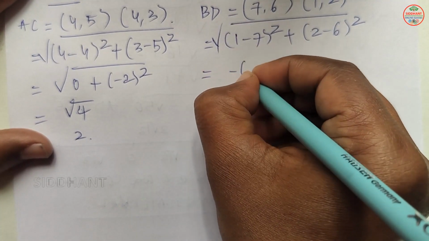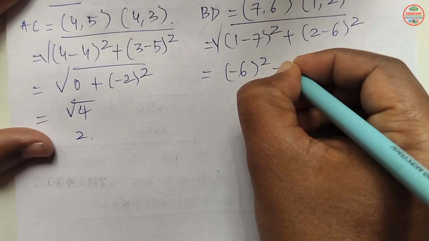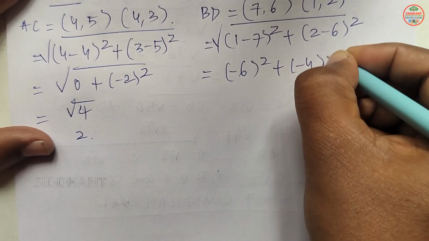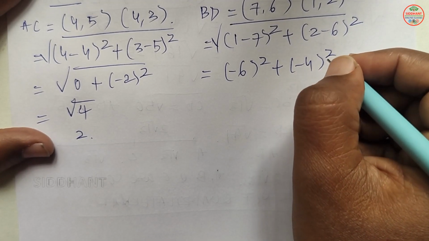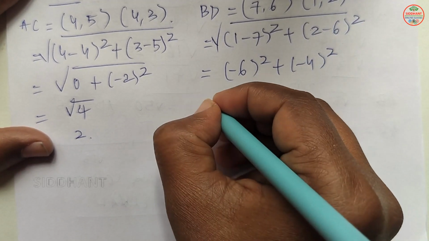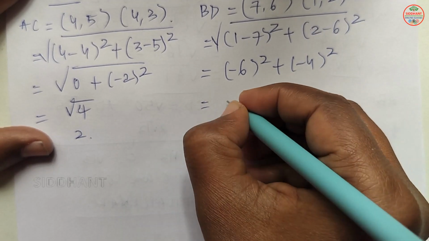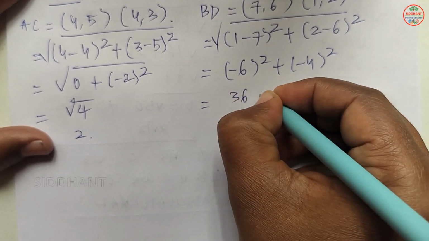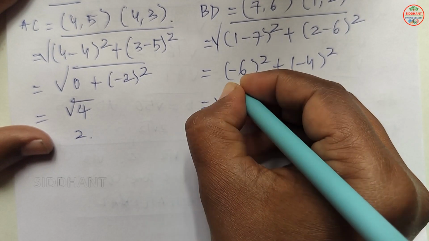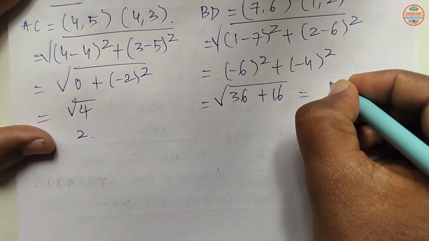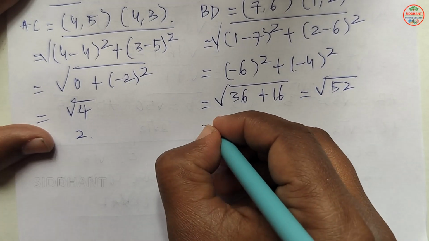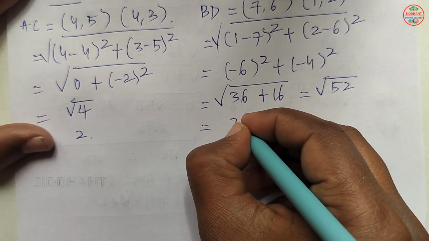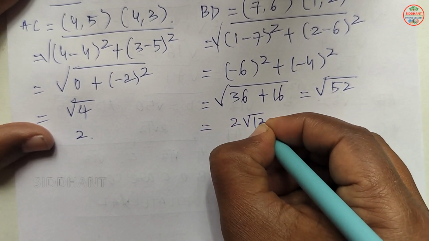So that will be minus 6 whole square plus minus 4 whole square. So 36 plus 16, which will be 52. So square root 52 will be 2 root 13.